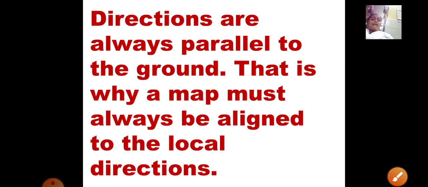Now directions are always parallel to the ground. Very, very important. Directions are always parallel, means they never intersect the ground, they never touch, they are always parallel to the ground. That is why a map must always be aligned to the local directions.